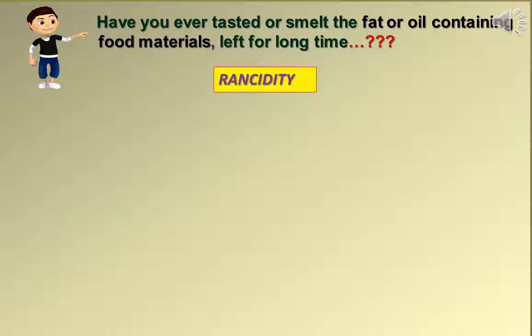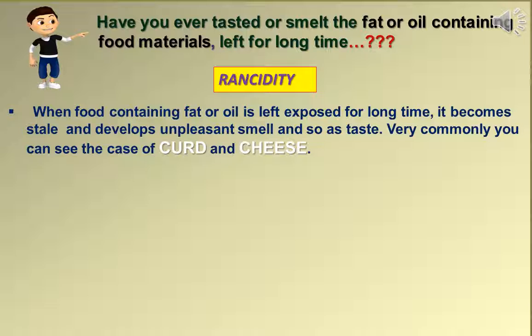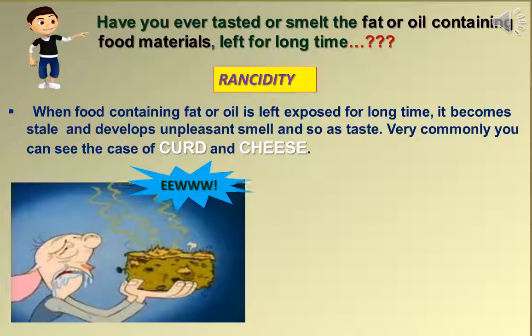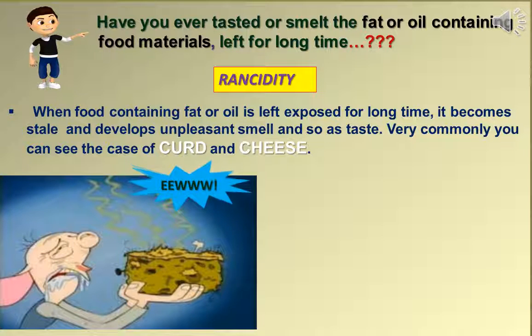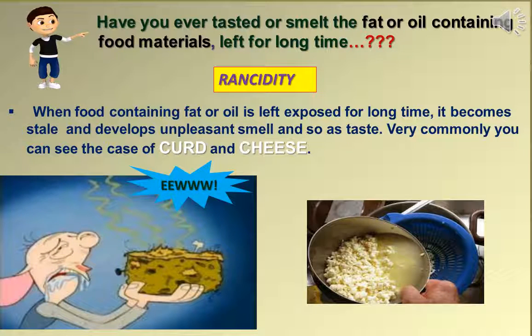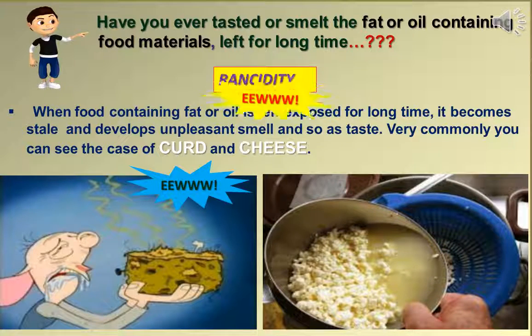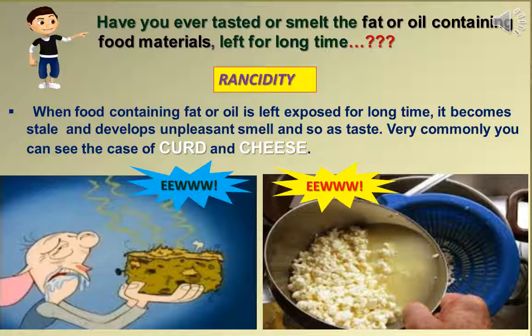When food containing fat or oil is left exposed for a long time, it becomes stale and develops an unpleasant smell, as you can commonly see with curd and cheese. Slow oxidation of fat or oil causes the formation of several volatile, bad smelling compounds which make the food rancid, and this is known as rancidity. You can judge rancidity from these pictures.